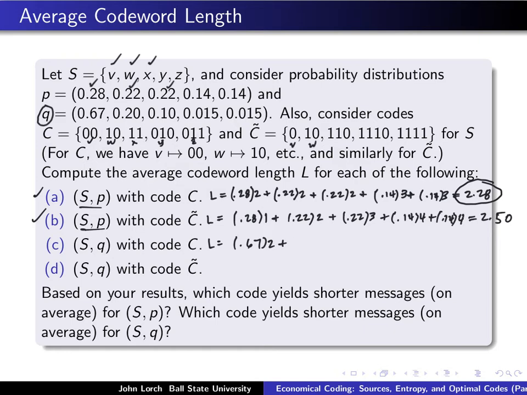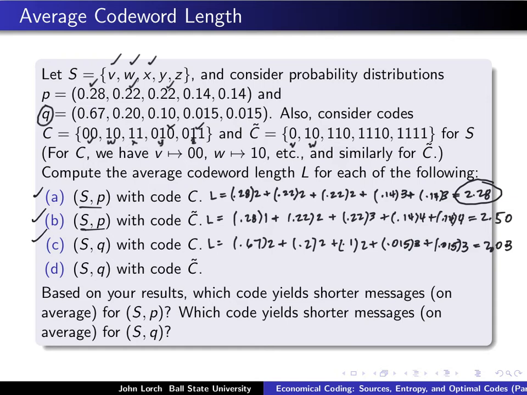And then we have 0.2 times 2 plus 0.1 times 2 plus 0.015 times 3. So we're now on to the code words of length 3. And again, 0.015 times 3. And if you add all that up, you should get 2.03, or at least that's what I got. It's 2.03.